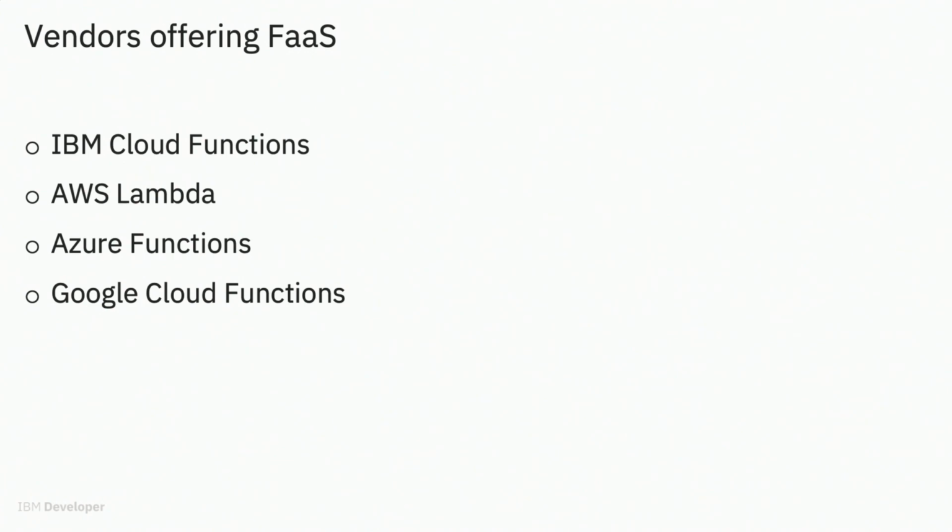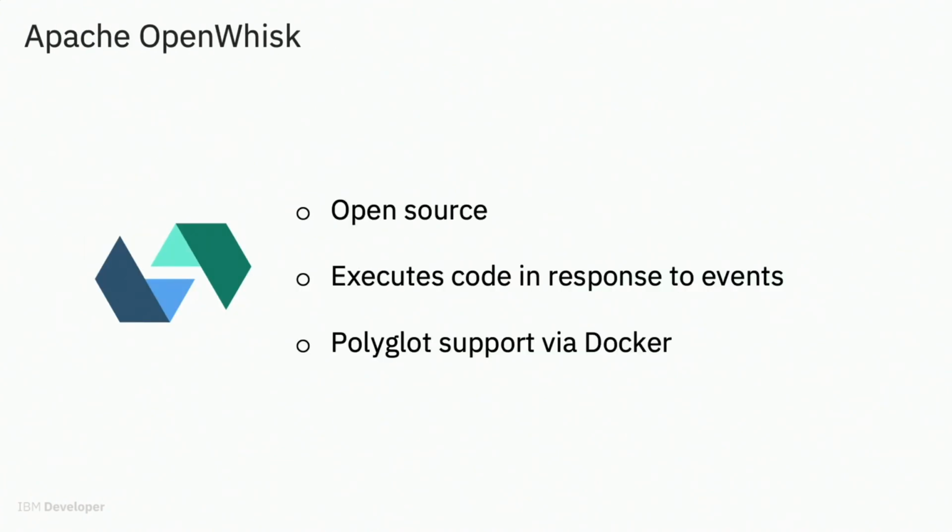The one thing, obviously, since I work for IBM, is that we sponsored and then open sourced Apache OpenWhisk. What's nice about that is we have a cloud service that you can use, but with OpenWhisk you still have the ability to use a cloud provider, and you can also not use a cloud provider and run this in Docker containers and not have to rely on a cloud provider itself.